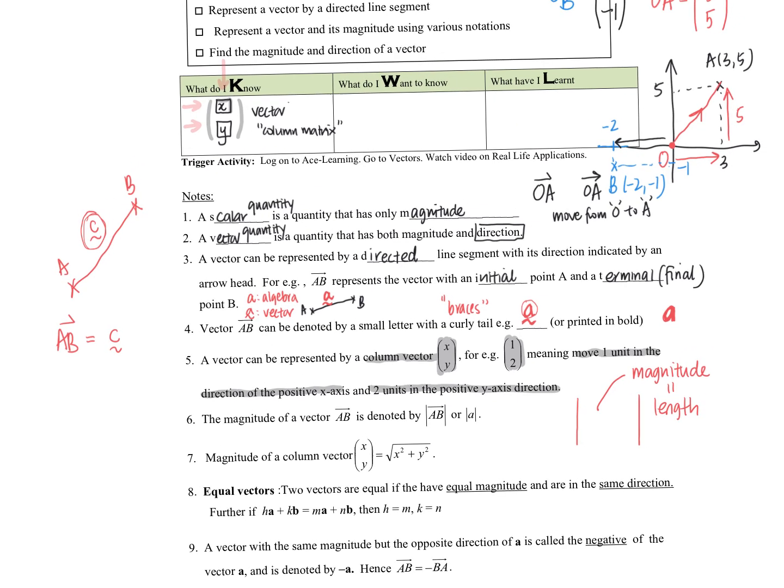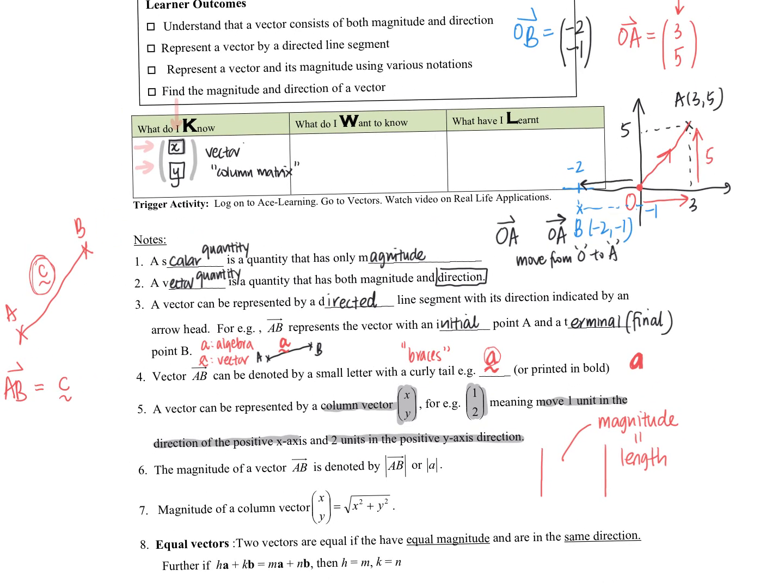So you imagine just now, I gave you this. If I want you to find the magnitude of the vector OA, what do you think I want you to find? The length of OA. So you use Pythagoras theorem. Just now we know that this one is moving 3 units, so the X is 3.